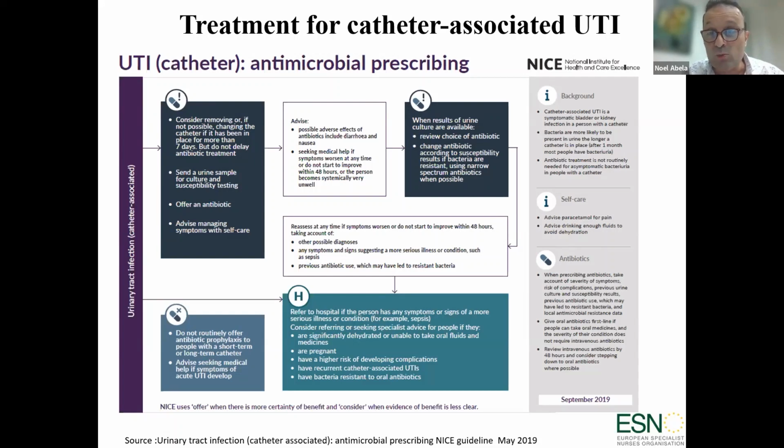And very important that when we get the urine culture results, we have to review the choice of antibiotic, and also change it according to the susceptibility results. Okay? Very important as well, these guidelines tell us to consider removing, or if not possible, changing the catheter if it has been in place for more than 7 days. Right? But do not delay antibiotic treatment.